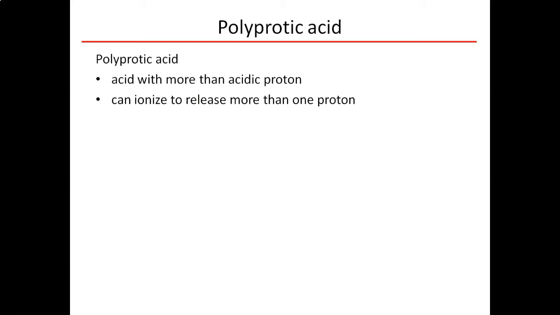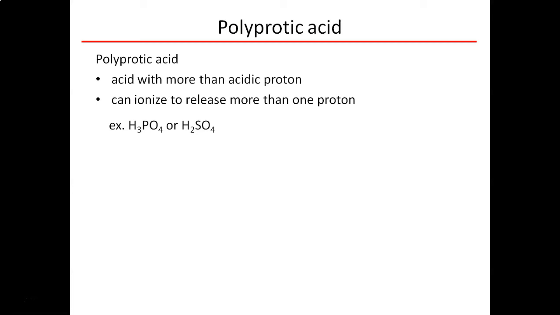A couple other things we want to look at first: polyprotic acids. Polyprotic acids are acids that can ionize and produce more than one acidic proton. The key is they release one proton at a time. Phosphoric acid and sulfuric acid are examples of polyprotic acids.